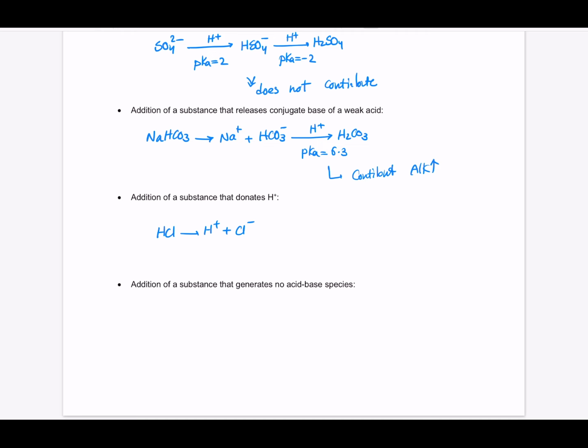Or it neutralizes some of those weak acids. So it's helping you to get to 4.5 sooner. So it's basically impacting the initial alkalinity. So it directly impacts alkalinity. What's the contribution? Is it increasing or decreasing? Decreasing. So basically more HCl, less alkalinity.